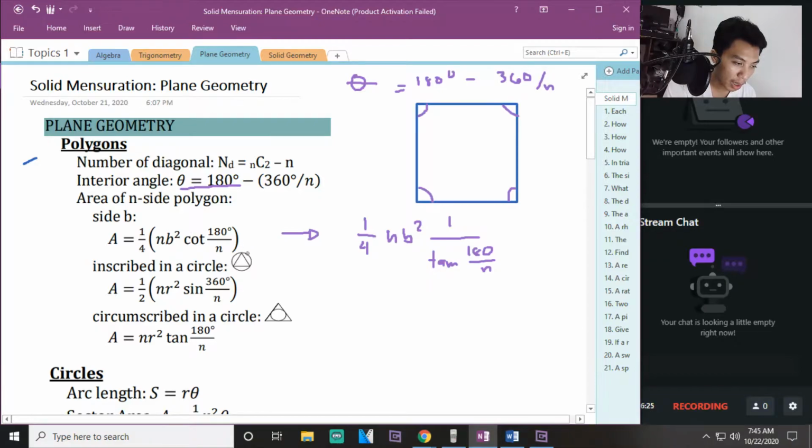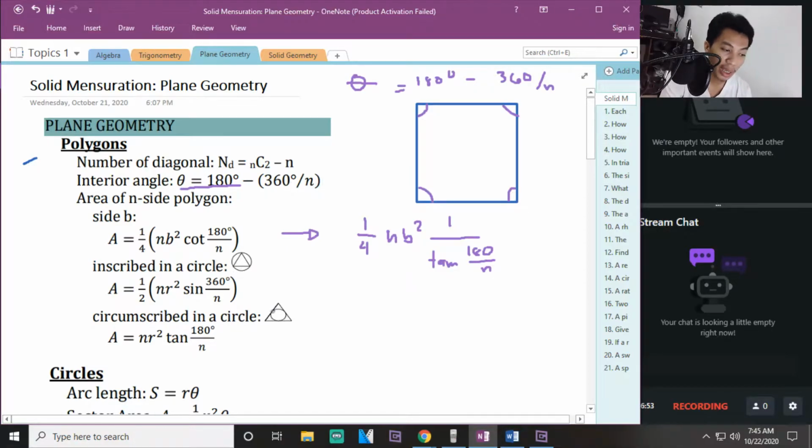Tandaan nyo, habang daw nagkakaroon yan ng circle, ano mas malaki? Yung circle, ibig sabihin lumaki ng bahagya. So, 1/2 NR squared sine 360 over N. Okay? Ito naman, circumscribe yung circle. Kapag inscribe in a circle, ibig sabihin, that is inside. Ngayon naman, pag sinabing inscribe about a circle, inside pa rin yun.